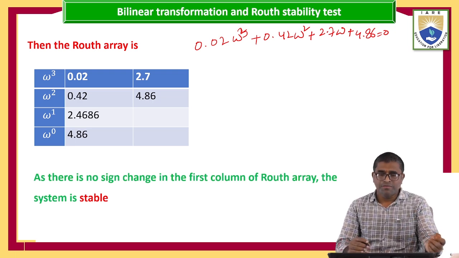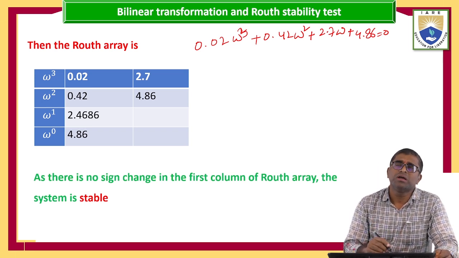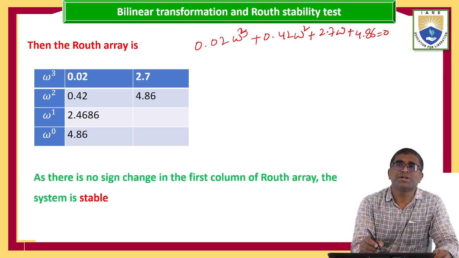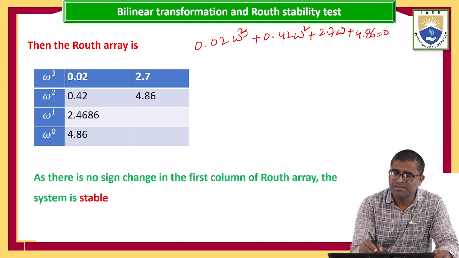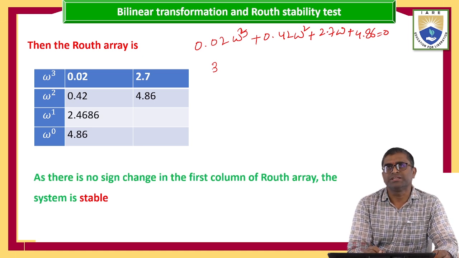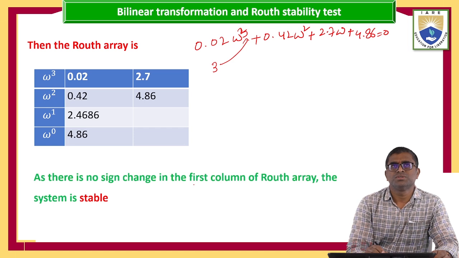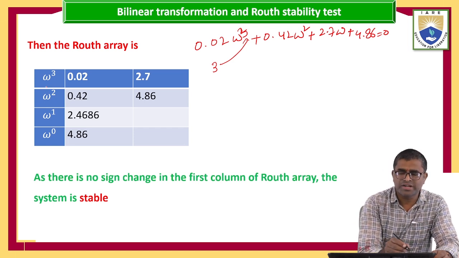When you go for RH criteria, first you have to identify the highest power. What is the highest power of the given equation? It is a third order characteristic equation.